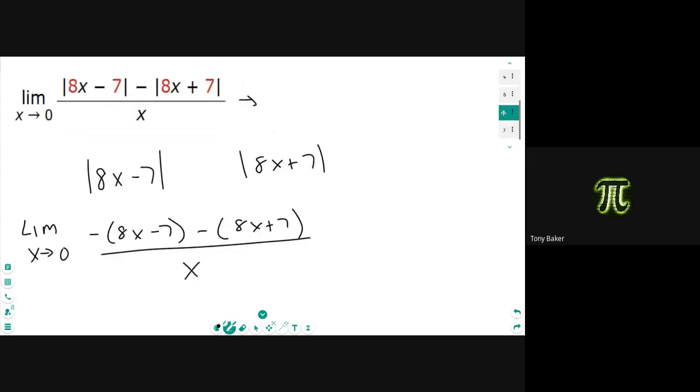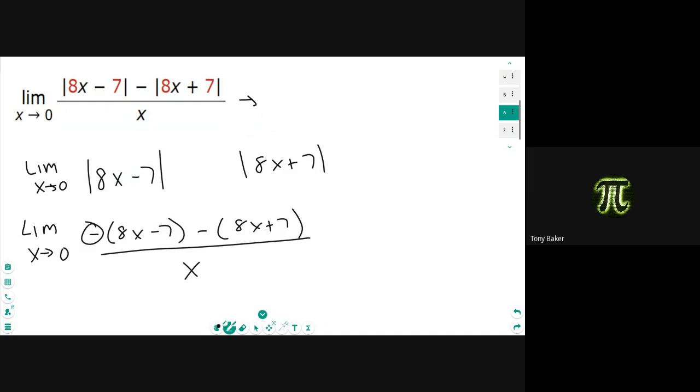So on this one, as the limit goes to 0, the 8x is getting smaller and smaller because I'm multiplying it by a smaller and smaller number. So therefore, the negative 7 is really taking over. So since that's a negative, I have to multiply whatever my answer is by negative to get rid of it. That's where that negative sign comes from there.